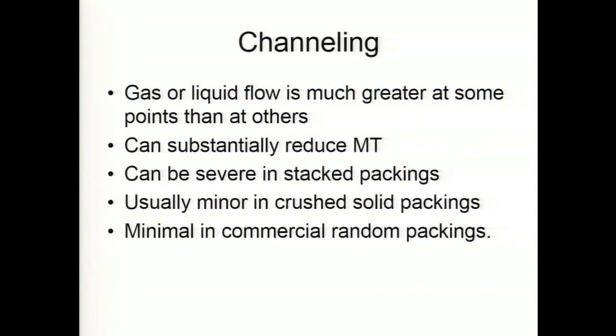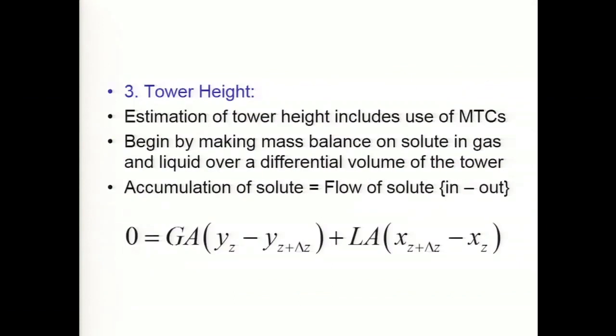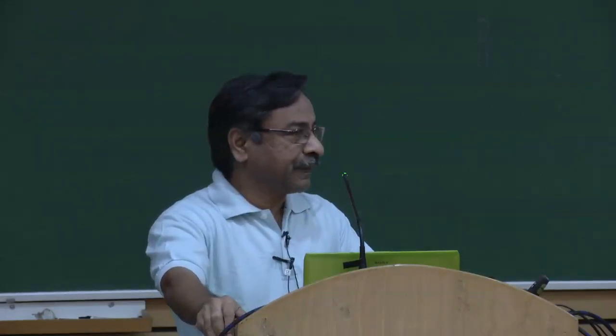Now, we come to the balances. So, we focus on balance over delta Z, between Z and Z plus delta Z. There are two kinds of balances we will make, and we require three equations. Okay. So, you could already guess what I am talking about.